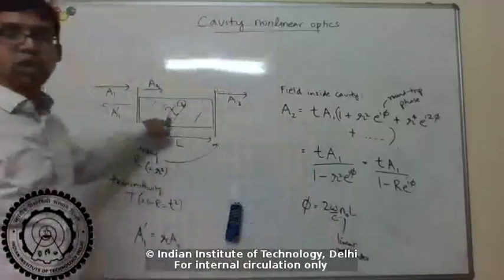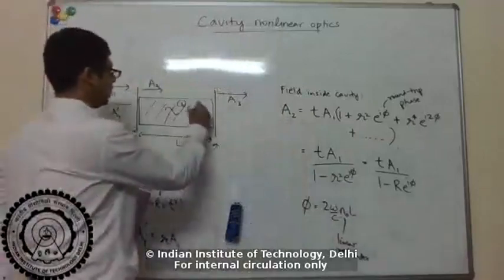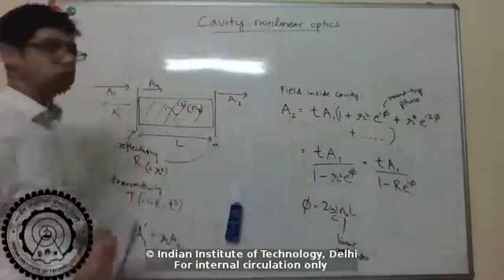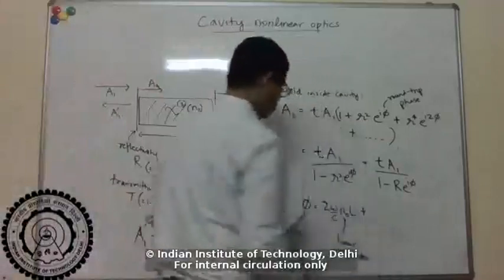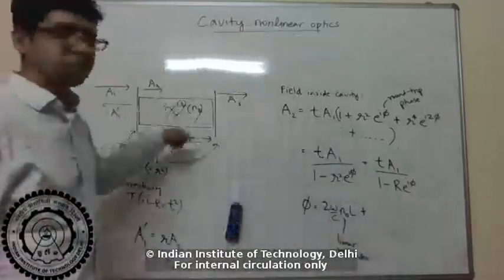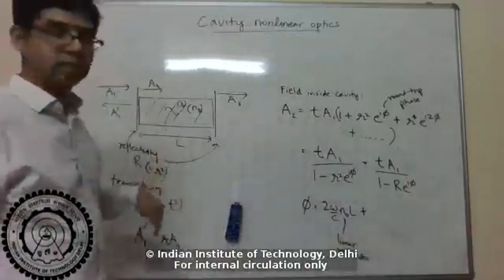But if this material has a nonlinearity, so chi3 or equivalently a nonlinear refractive index N2, then you know that there will be a self-phase modulation phase shift also, right? Which is proportional to the intensity.